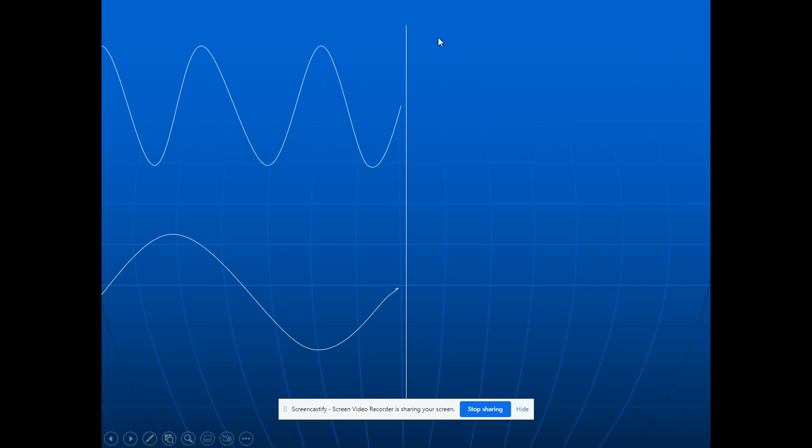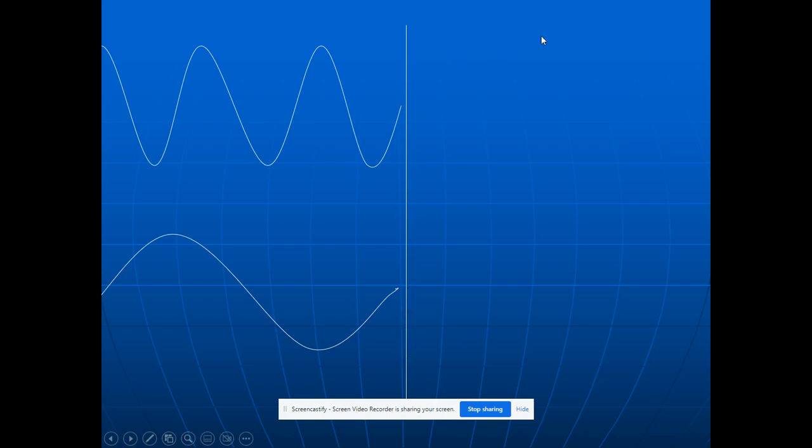Now let's watch as these waves move, and they're going to move about at the same speed. So you can tell because if you look at the front of the wave, I'm going to keep the front of the waves going at the same rate. And we're going to see how many waves pass this line right here.